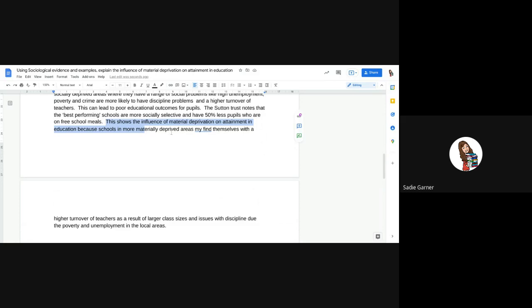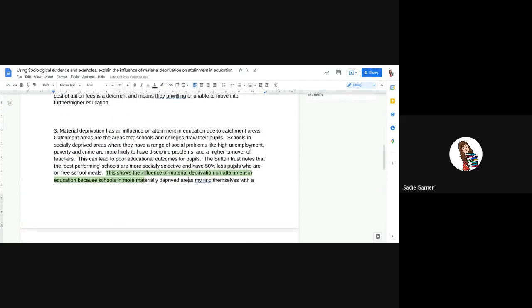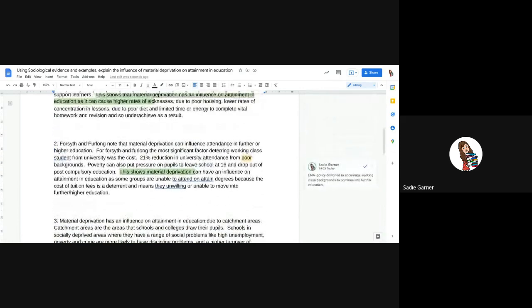There are other factors that a school has to deal with if they're in a more socially deprived area. And not to mention pure class sizes, 31 pupils versus potentially a school in a very wealthy area with class sizes of about 18. The workload difference for those teachers is vast. That's why you have to be very careful about the phrase best performing. There are other factors at play.